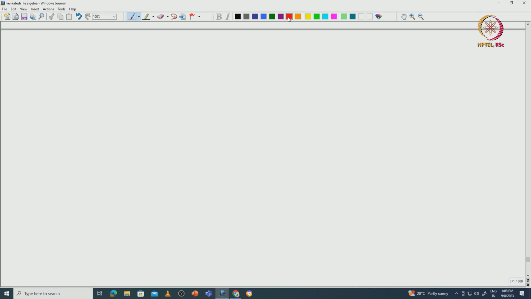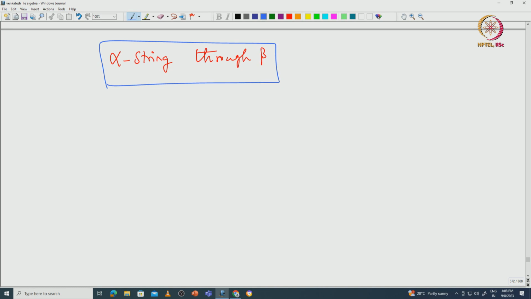So, you take the alpha string through beta, and we will claim that this must be unbroken. First of all, what is the meaning of alpha string through beta? You fix alpha and beta inside your phi, and as before you assume that beta is not a multiple of alpha.